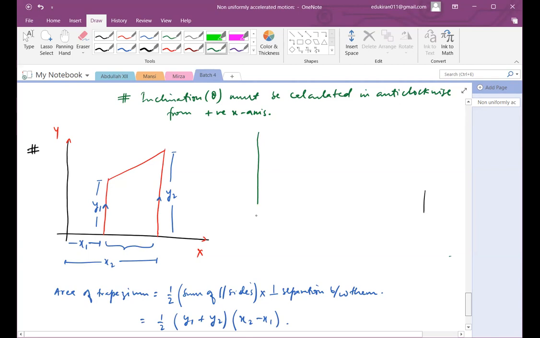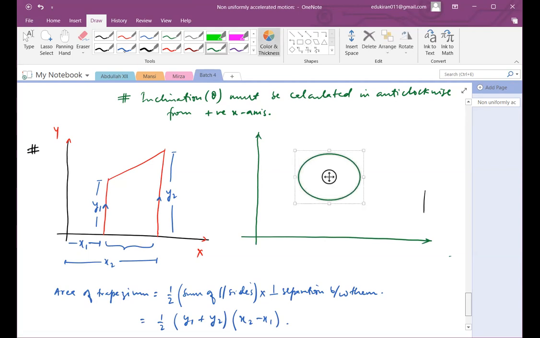Now, whenever you have any curve figure, whether it is a circle, an ellipse, or any other, suppose this. You have to calculate the area of this particular graph. So take this coordinate and this coordinate.